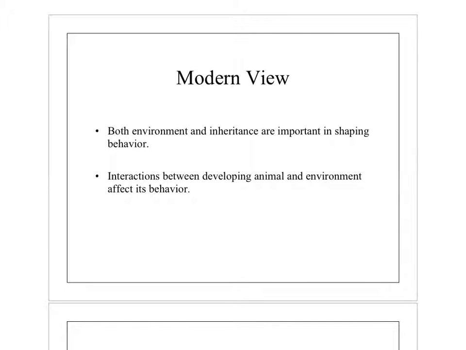Now, learning a language, we would think, oh, that's completely learned, right? But we all know that, in fact, it's not. We have an innate facility for language, especially at certain times in development. In fact, there's a region of the brain, a speech center, that's dedicated almost entirely to speech. If it gets damaged, people can relearn language, but it usually gets shunted off into another part of the brain.